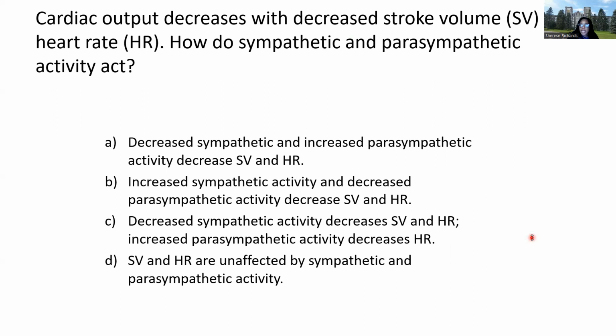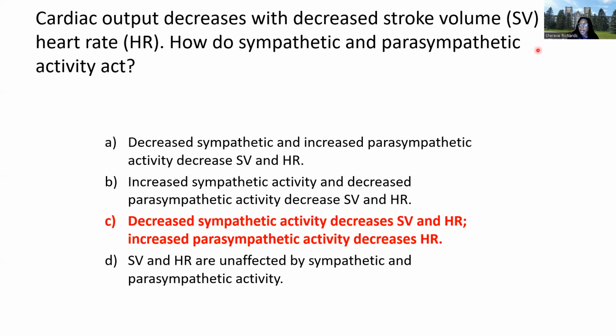Decreased sympathetic activity decreases stroke volume and heart rate. Increased parasympathetic activity decreases heart rate. All right, so that is absolutely correct, okay? I'm glad that no one went with B or even A, right? Because we know that the parasympathetic activity only decreases heart rate.